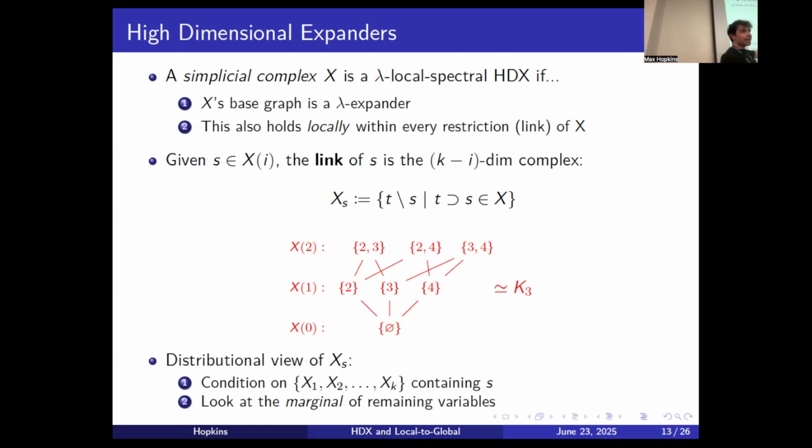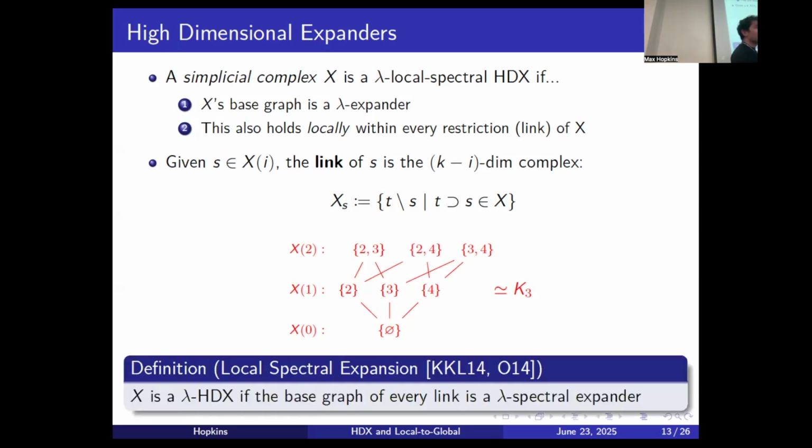I've fixed these to be S, and now I look at the distribution over the remaining variables. That's removing S in this process. So these links are really local conditionings throughout the complex. This will be extremely useful because it will allow us to break global quantities and functions up into local expectations across the complex. And this is the core of local spectral high-dimensional expansion.